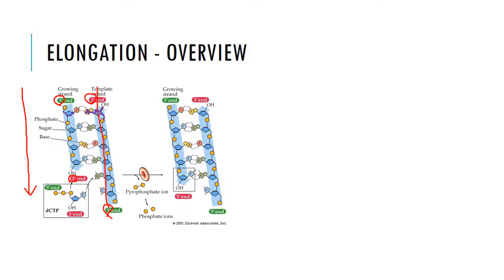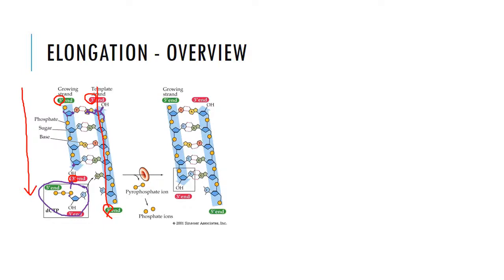So we can see that we're adding our new nucleotide. In fact, this is not a nucleotide at this point, but it will be. We're going to be adding this in so that the 5' carbon right here is going to be attaching to the 3' carbon of the nucleotide that's already in here.